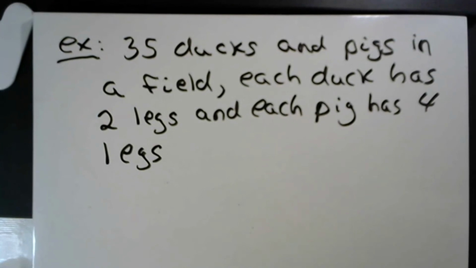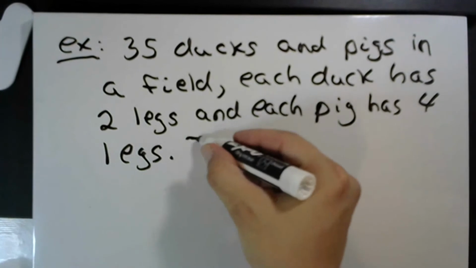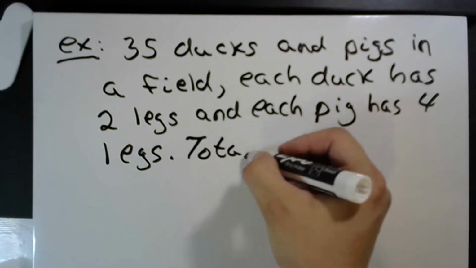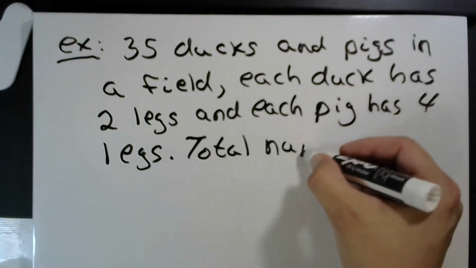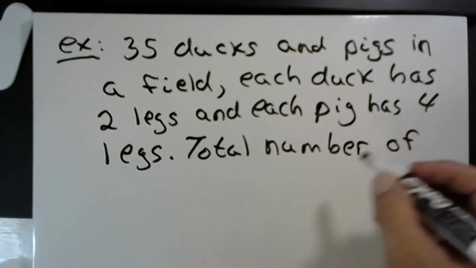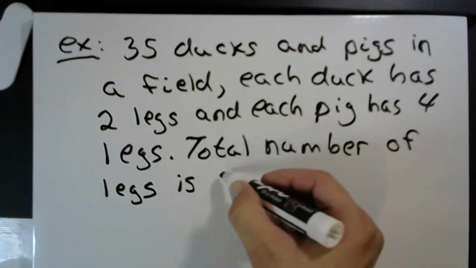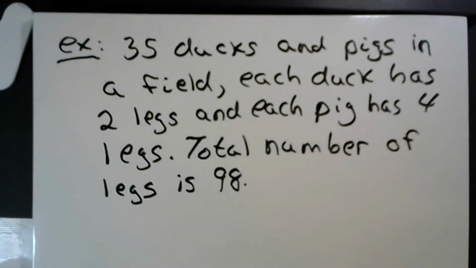So we've got these 35 ducks and pigs in a field. Each duck has 2 legs and each pig has 4 legs. So the total number of legs is 98.